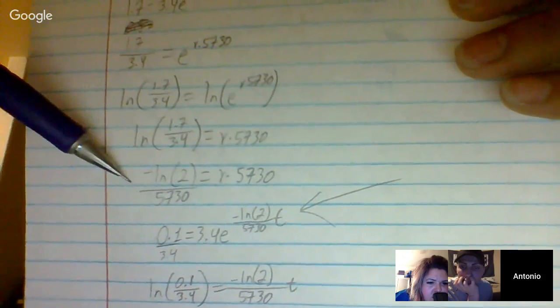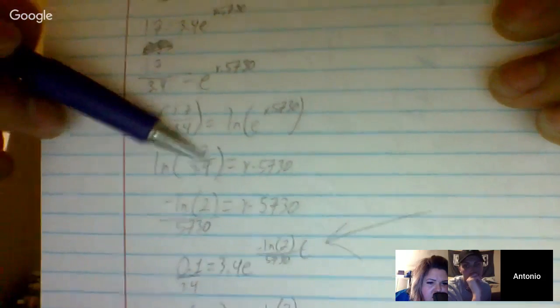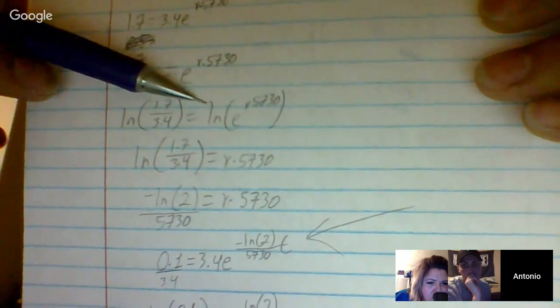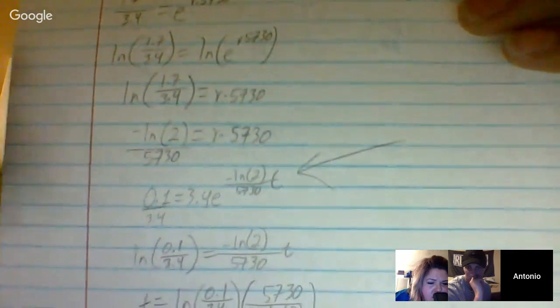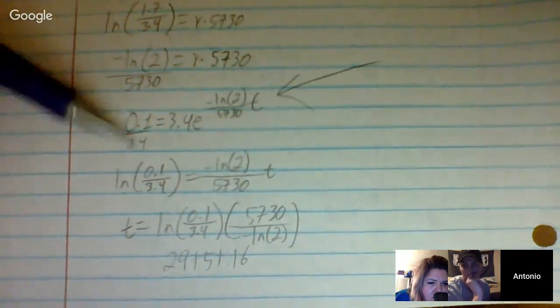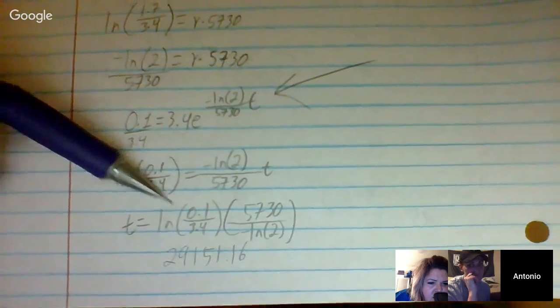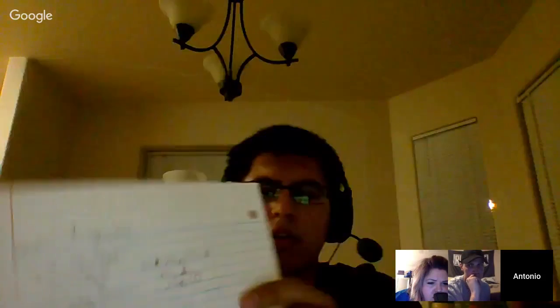So you have 0.1 equals 3.4 E to the new rate times T, and you solve for all of that. I don't know if that makes sense.